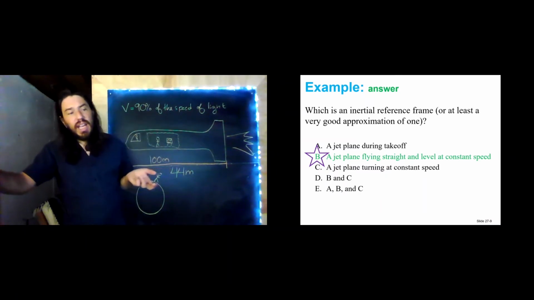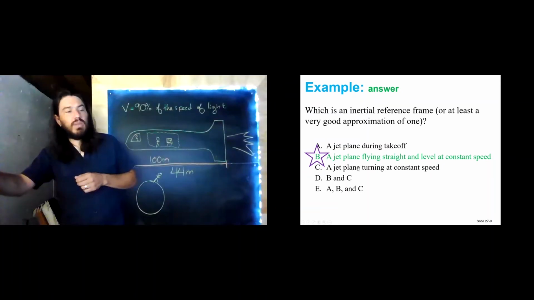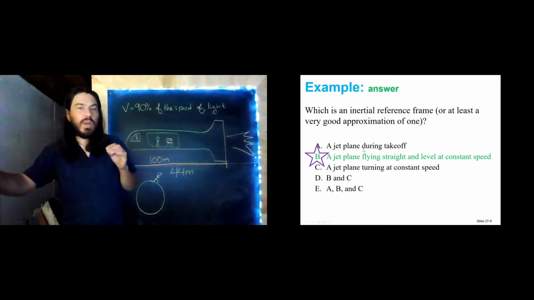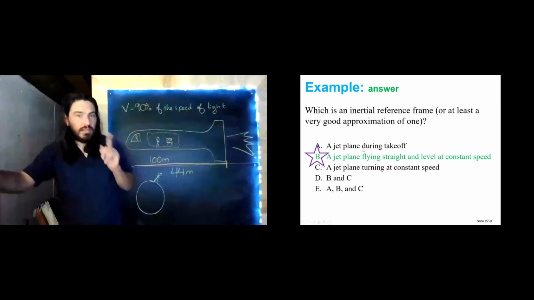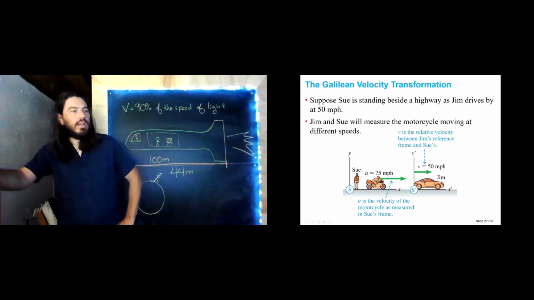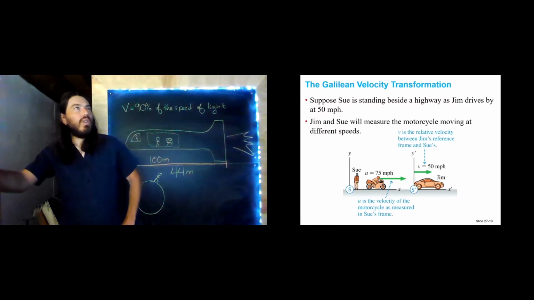And let's be clear, it's not that we couldn't do relativity in one of these situations. It's just that we would need general relativity, where the math gets a little bit weird. In order to understand how strange and surprising Einstein's theory of relativity is, we need to have a reference.